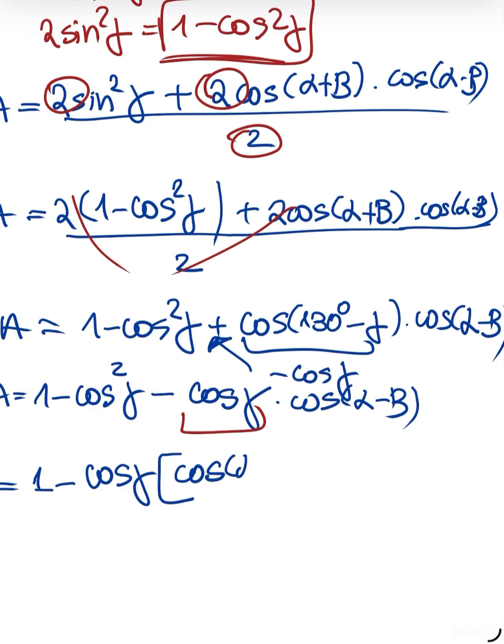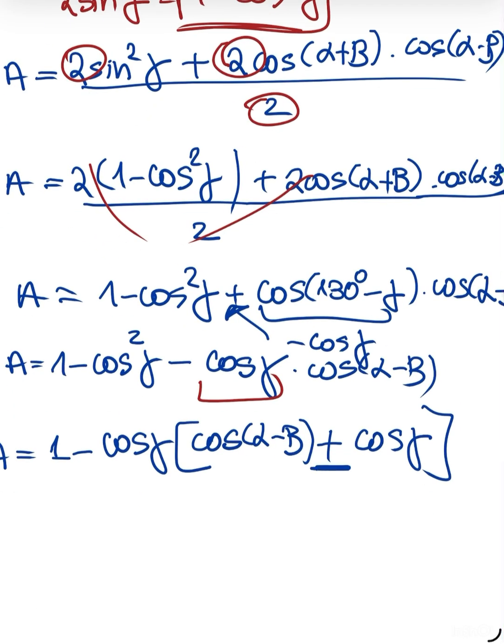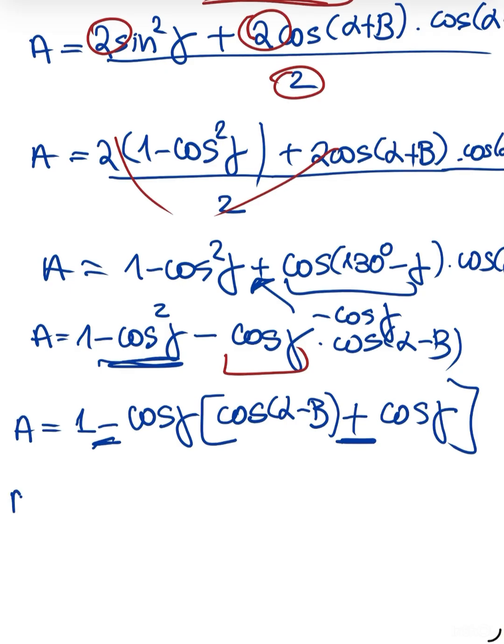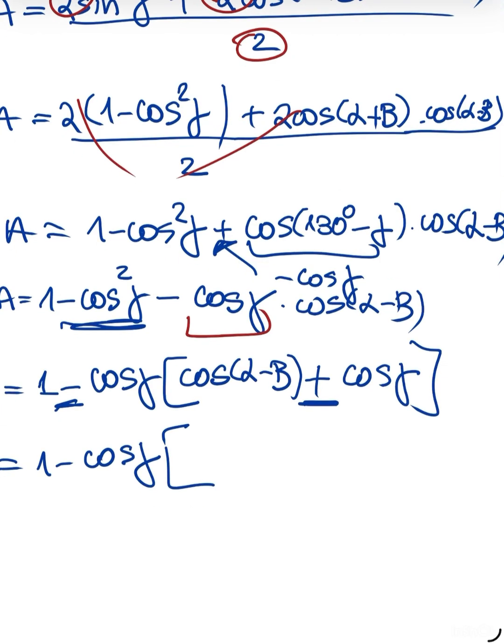cosine of alpha minus beta plus cosine gamma, it will become minus, and it will become minus cosine squared alpha. This is our term, so it should be plus in the brackets. A is equal to 1 minus cosine gamma, and in the brackets we are doing again the addition formulas of the trigonometric functions.